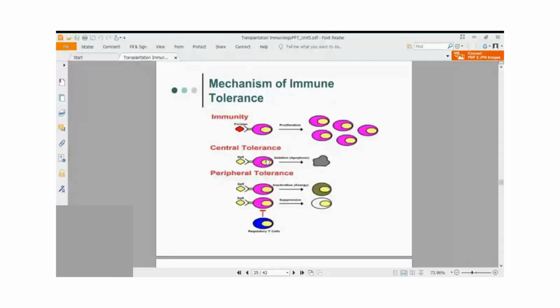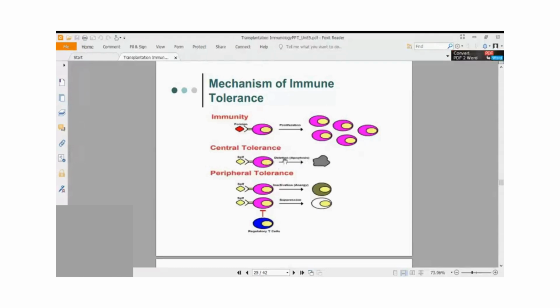And in the negative selection, what happens with the B lymphocyte? Those cells which show strong affinity to the self antigens are eliminated by apoptosis. That is called deletion. Similarly, in the case of T cells, if the cells come in contact for the second time with the self antigen, they are eliminated in the thymus.